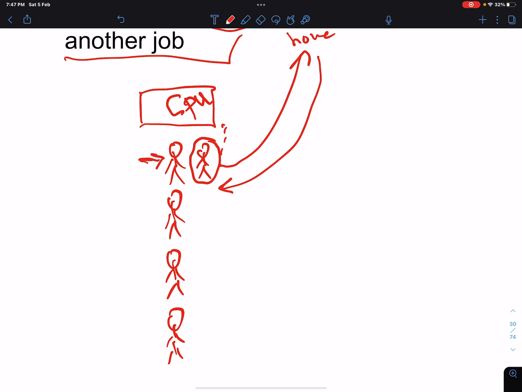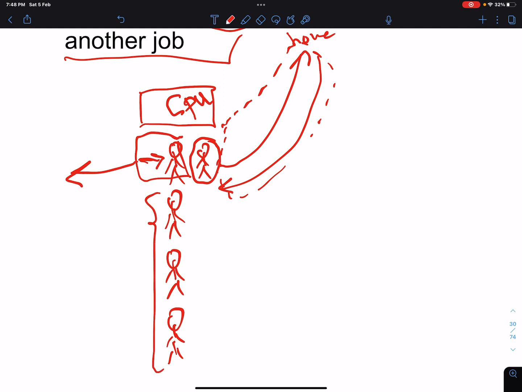During this process, for this person to go home, take the wallet and come back to pay, what do you think is better, system-wise? For this guy to step aside and give a chance for the rest of the queue to be served by the cashier, or for this one to wait in front of the cashier, okay, until the other one comes back?